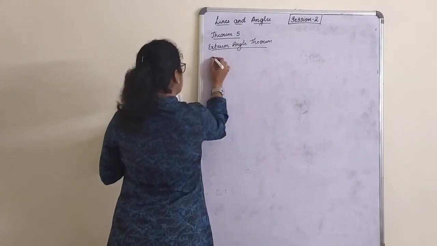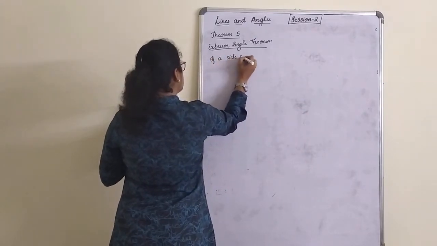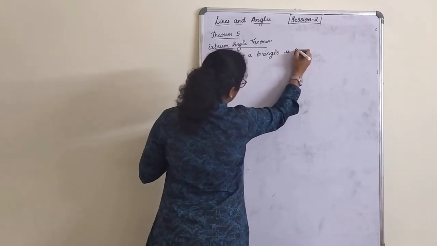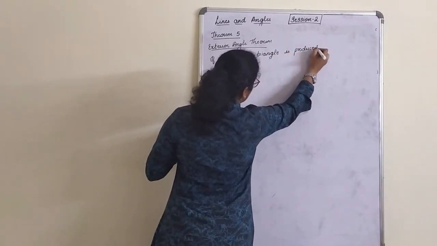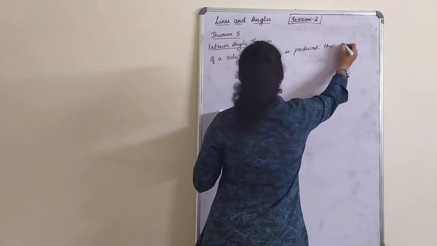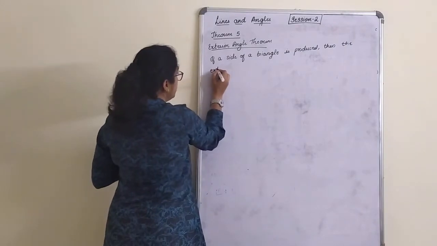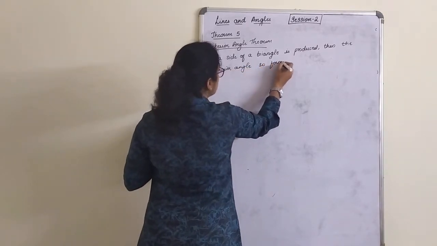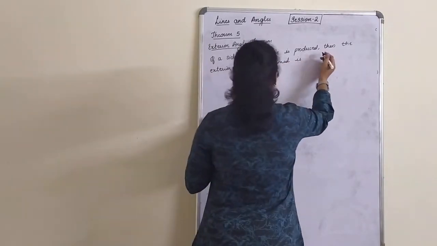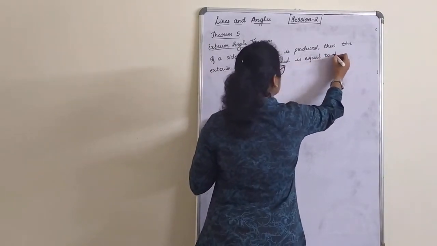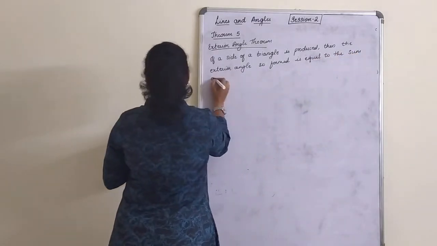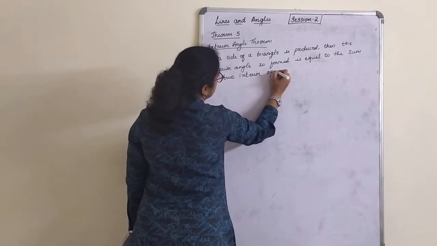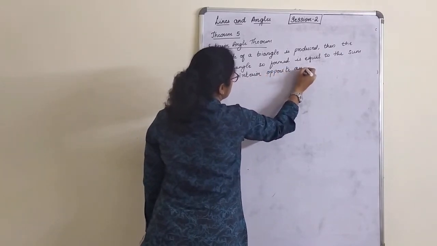This theorem states that if a side of a triangle is produced, then the exterior angle so formed is equal to the sum of the two interior opposite angles.